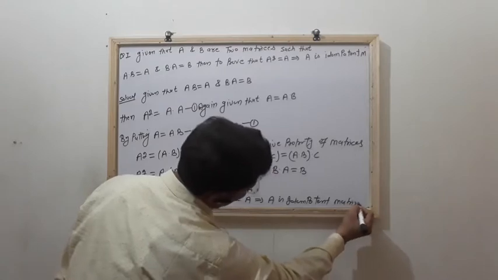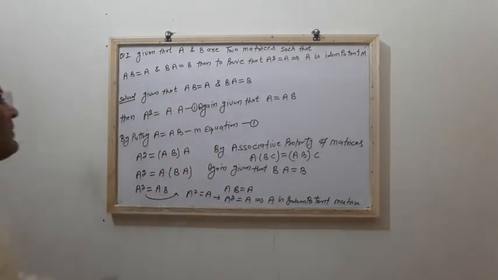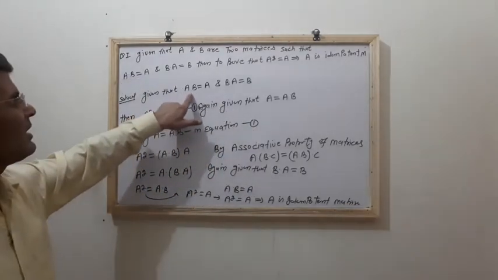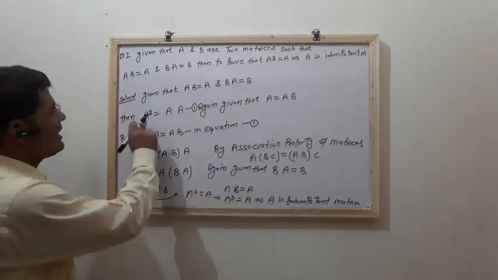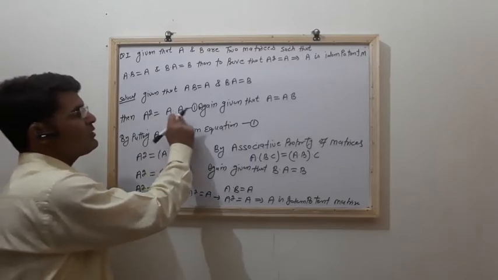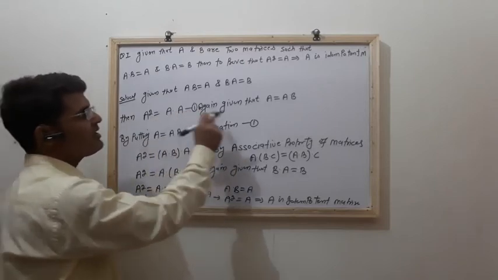Okay, I am repeating. Given that AB is equal to A and BA is equal to B, then A square is equal to A into A. This is equation 1.